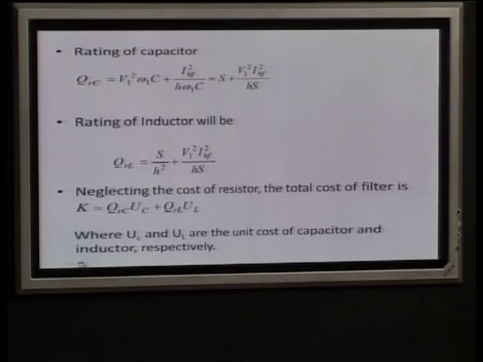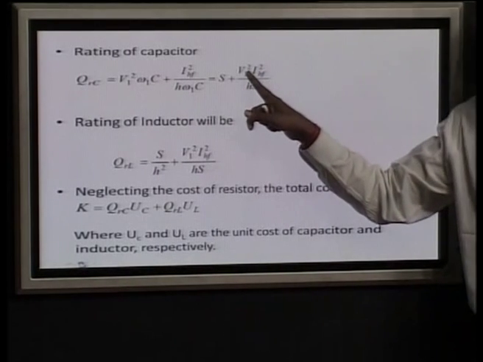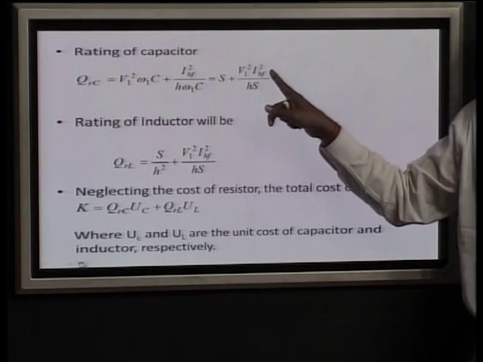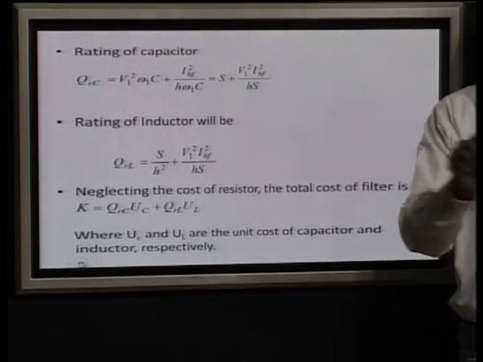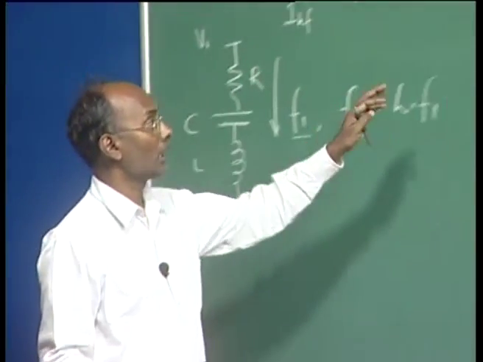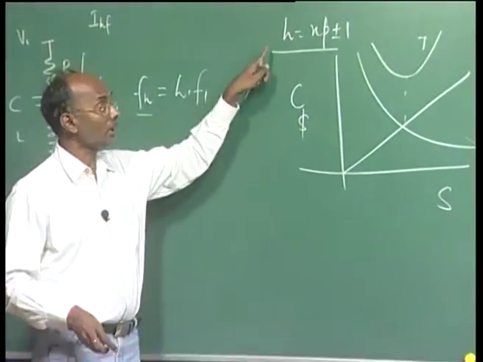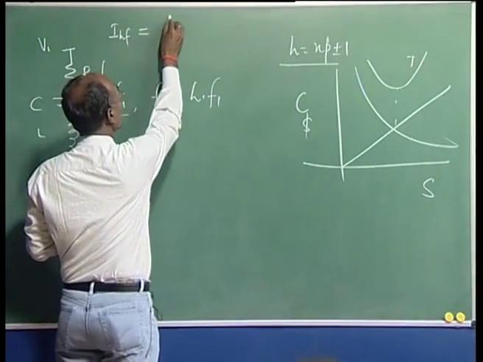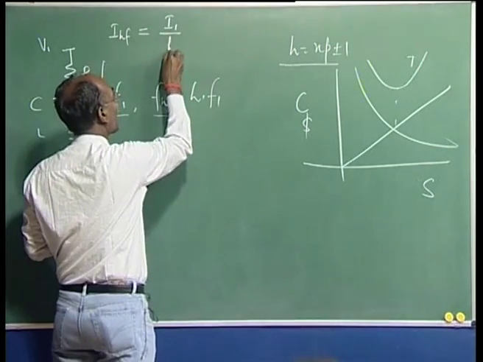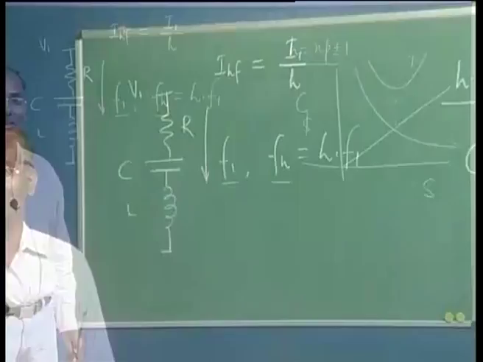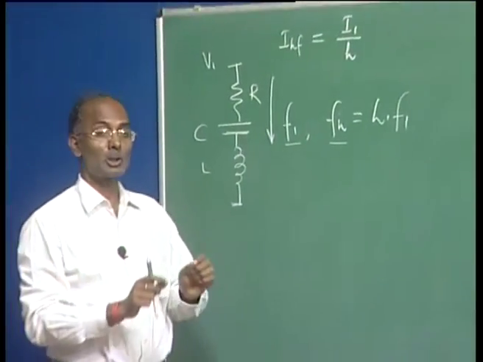We want to express this because the V1 you know very well, this current also you know, because once you are analyzing the frequency components of any HF harmonics, you can know what will be the current. This current is nothing but I1 by H ideally, when there is no overlap.